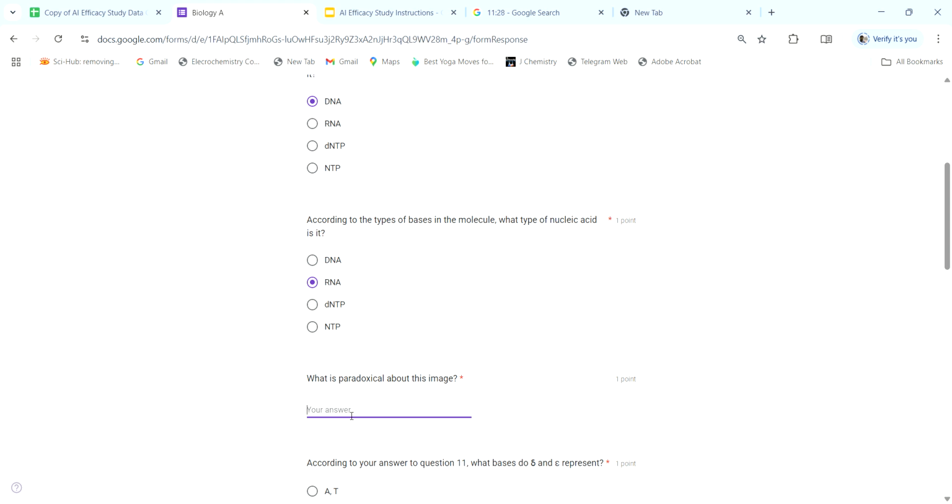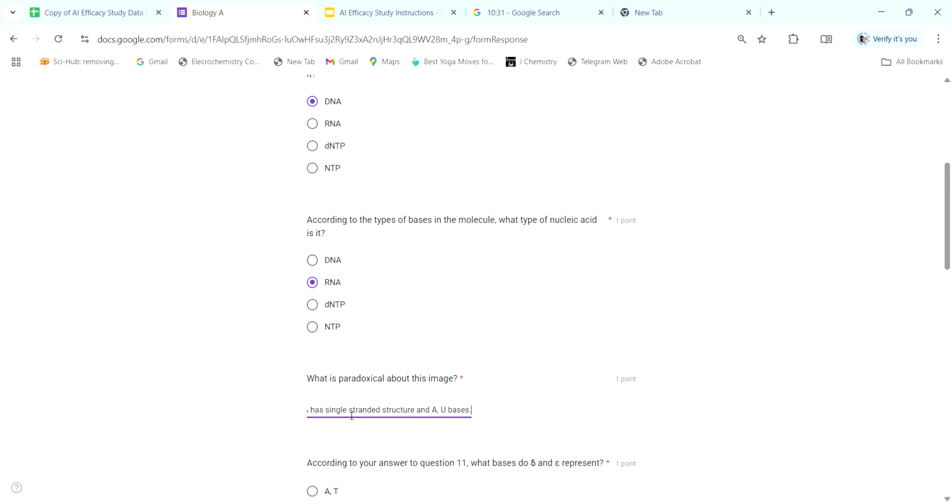DNA contains A and T bases and has a double-stranded structure, whereas RNA has a single-stranded structure and A and U bases, that is adenine and uracil.